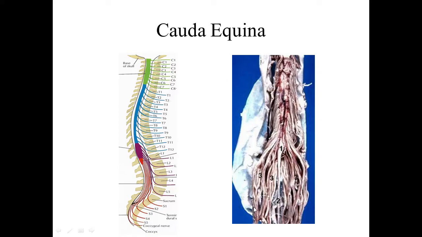The cauda equina is a bunch of spinal nerves below the conus medullaris. Cauda equina means horse tail, so it appears like a horse tail and therefore it is called the cauda equina.